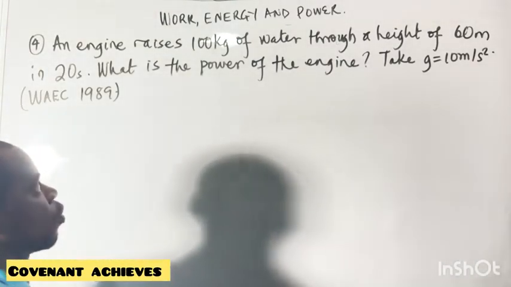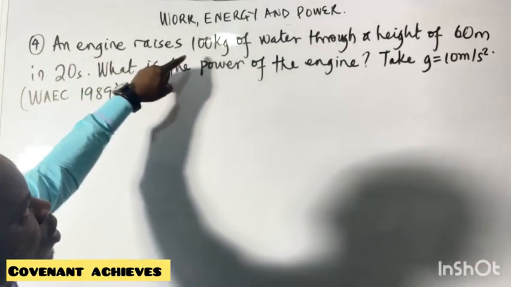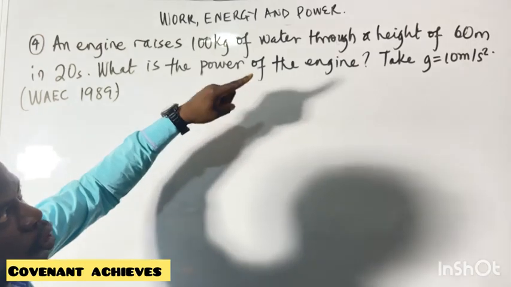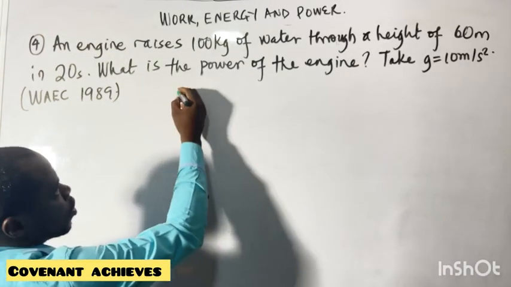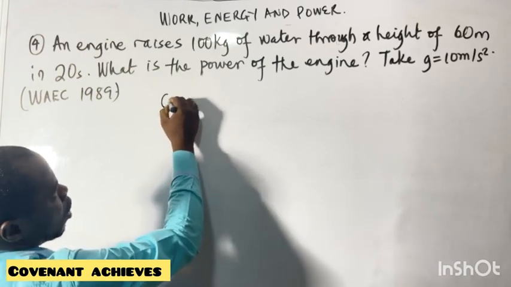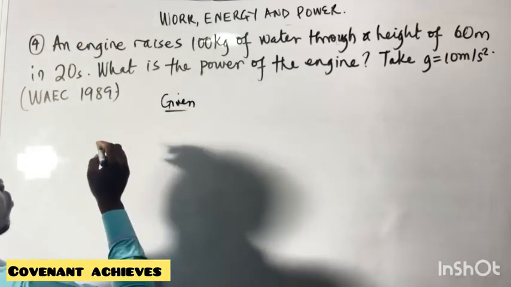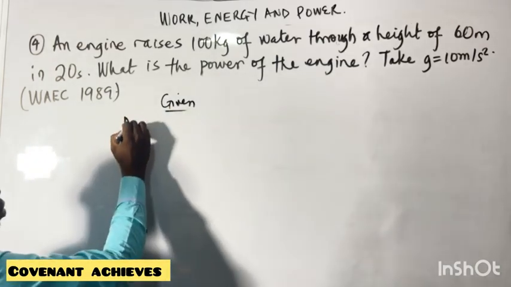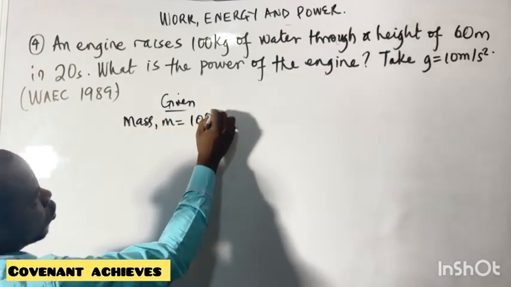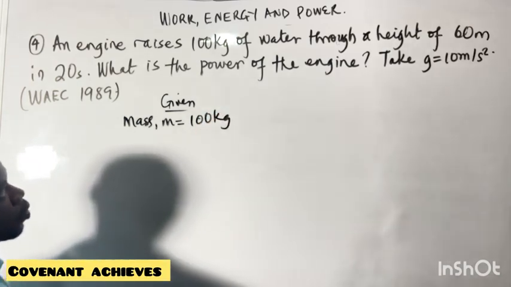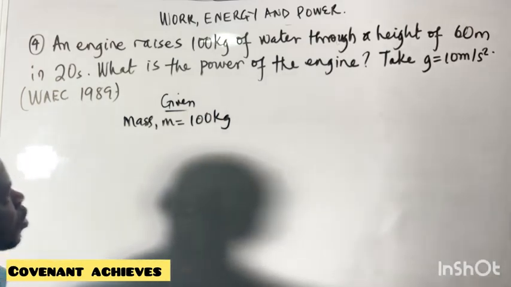This is question number 4. And here we have an engine that raises 100 kilogram of water through a height of 60 meters. Let's begin to state the parameters. What are the given parameters that we have here? We are given the mass. Mass M is equal to 100 kilogram of water through a height of 60 meters.